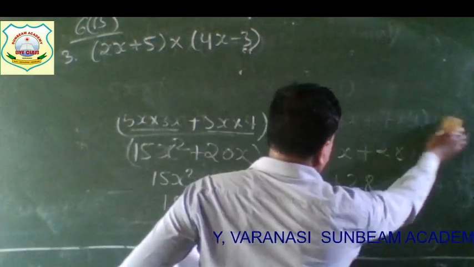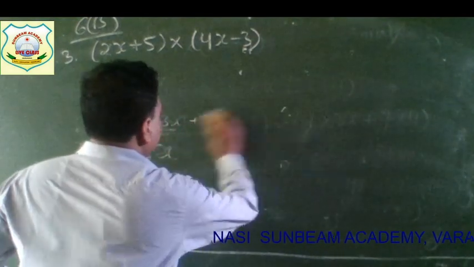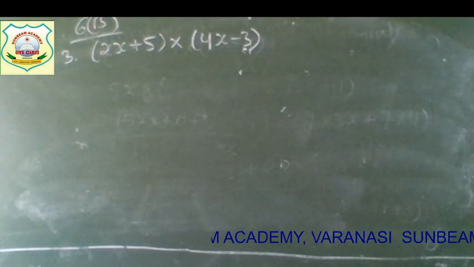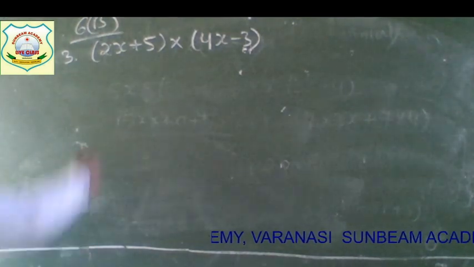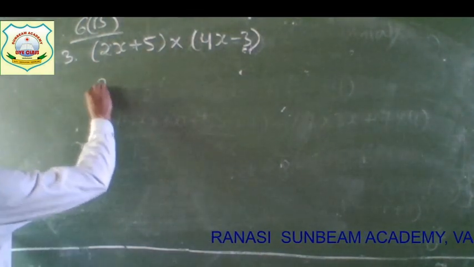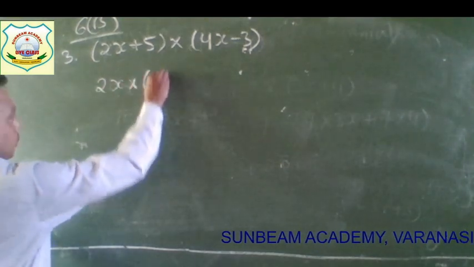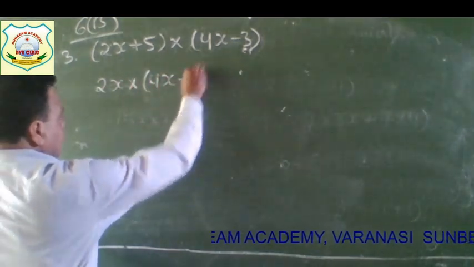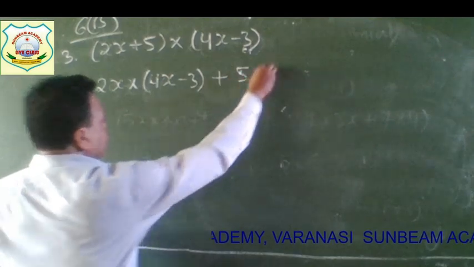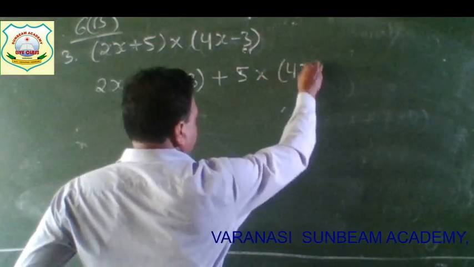Again a similar process: 2x multiply 4x minus 3, plus 5 multiply 4x minus 3.